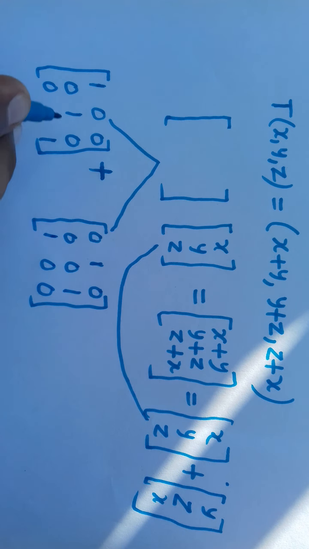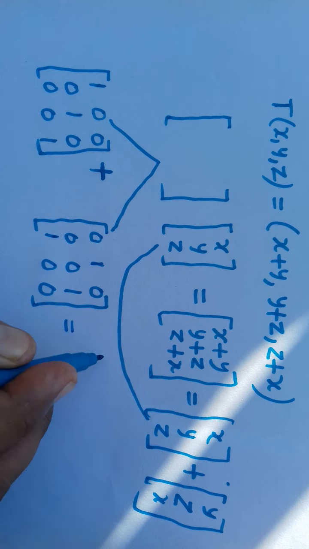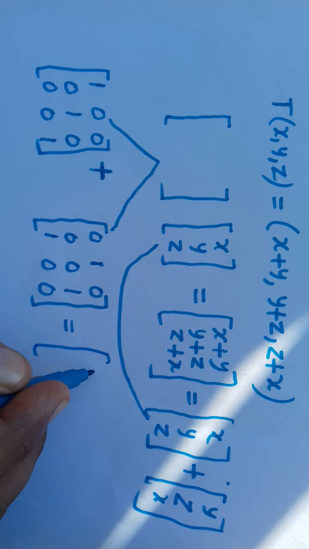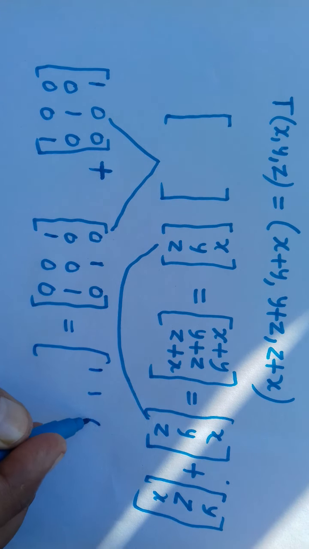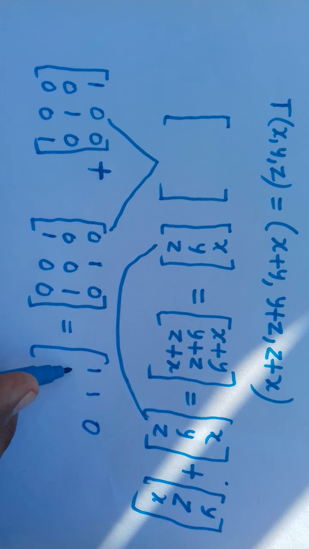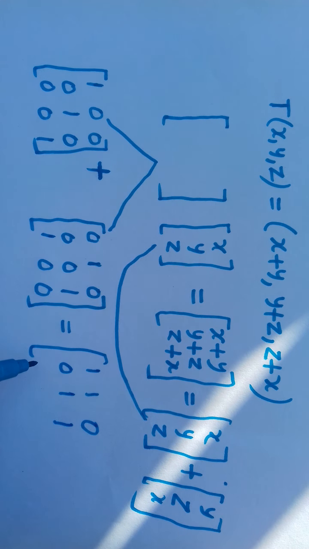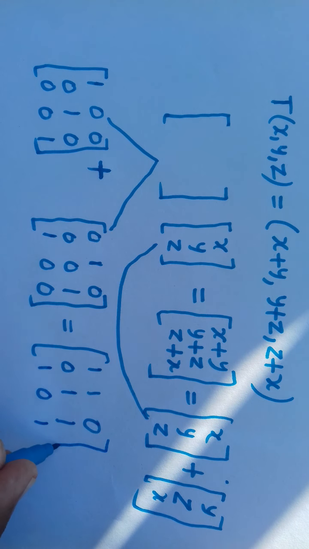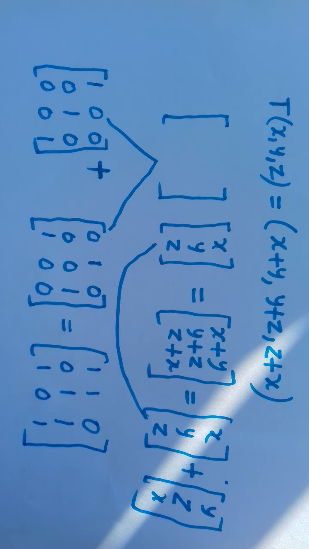So the sum of these two is the matrix for T. Let us get the sum. The sum will be 1 1 0, 0 1 1, and the last part is 1 0 1. To get the rank we try to make zeros.